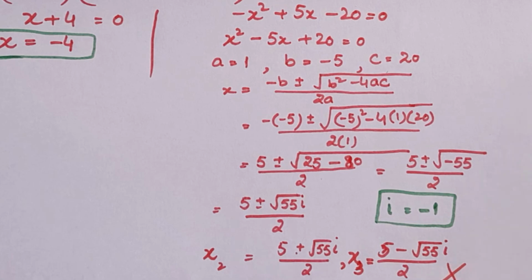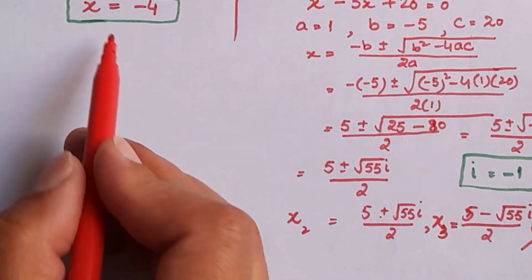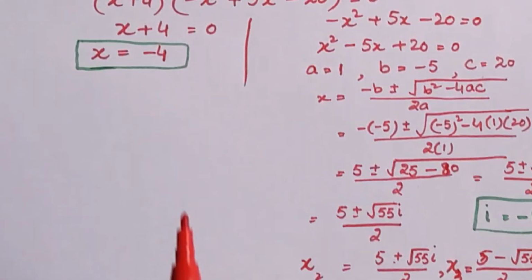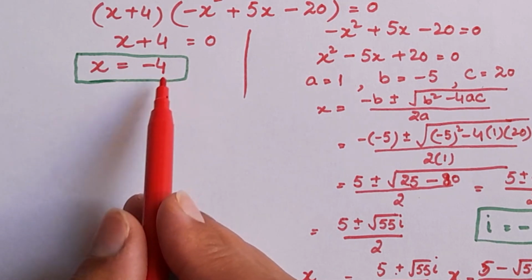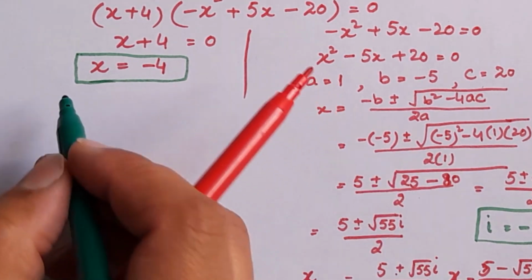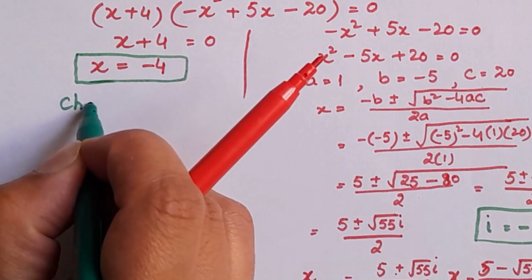We get only one solution from the first case, x is equal to -4. But we are going to check whether this value of x is correct or not, so we will put this in the given equation.